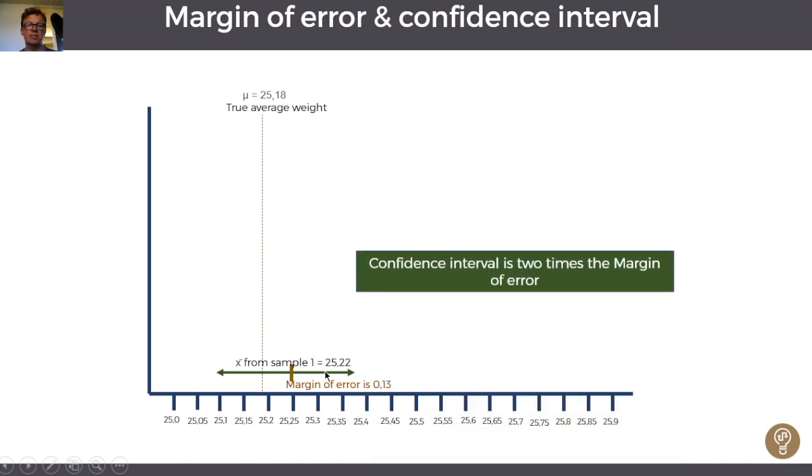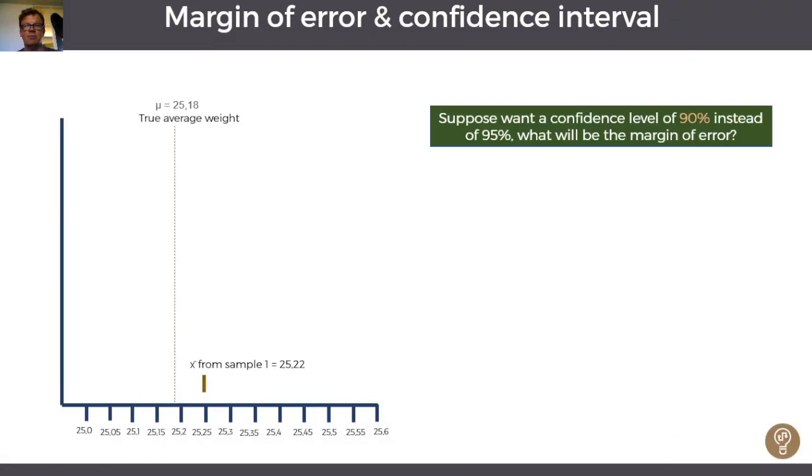And that's the confidence interval. So with a certainty level of 95%, the confidence interval is shown, and you probably will catch the true average within that interval.